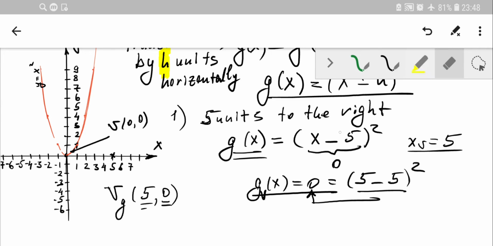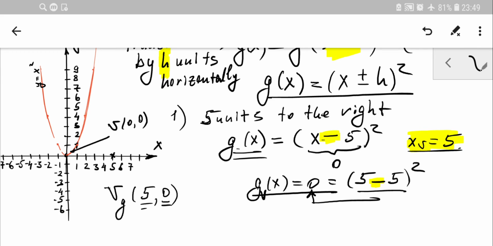So instead of plus, we take the minus, because when we plug in 5, we need to have 0 in the brackets in order to get g vertex to be 0. Otherwise, it will be some other value different from 0. So that's why we will be using x equals 5, and that's why we will choose the negative sign.